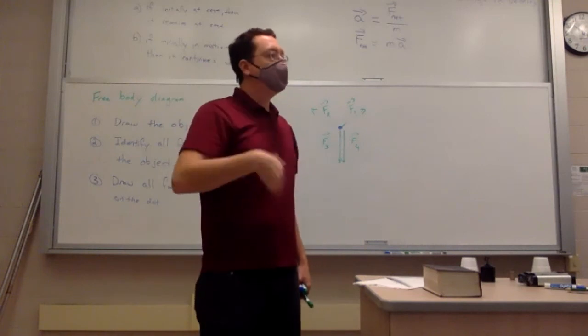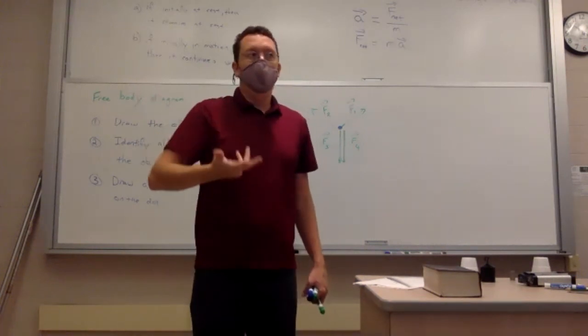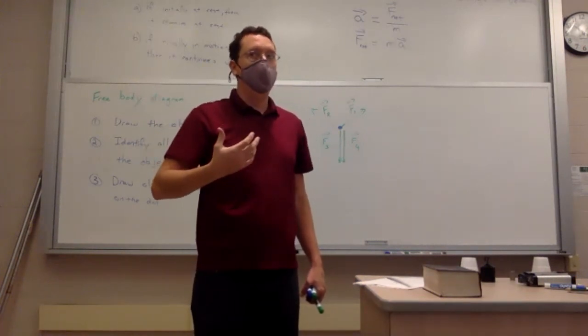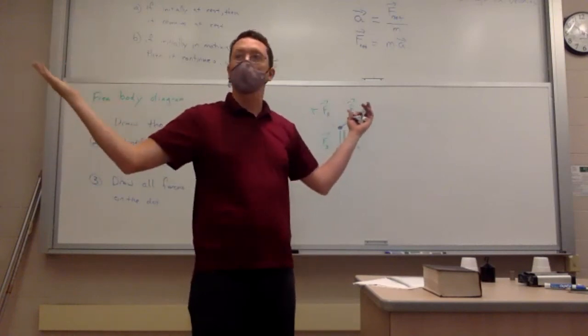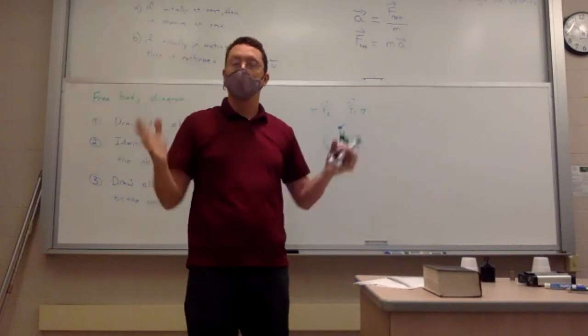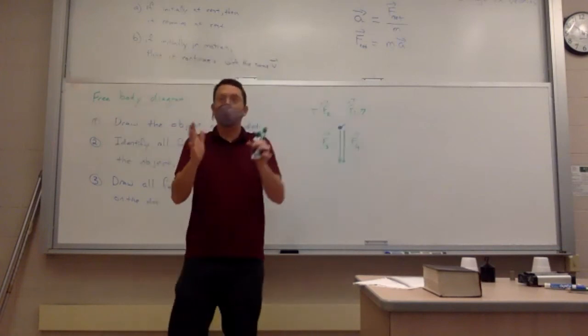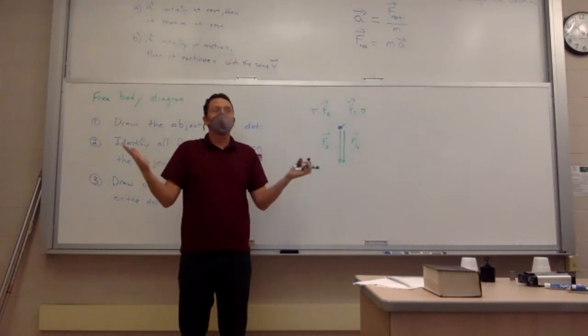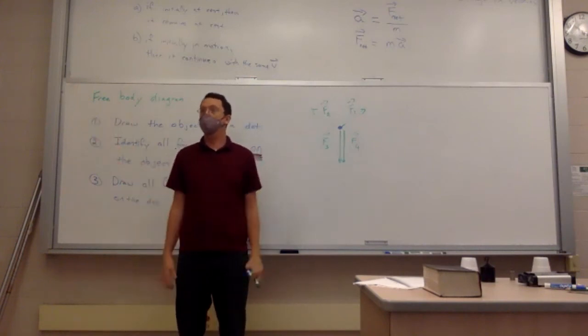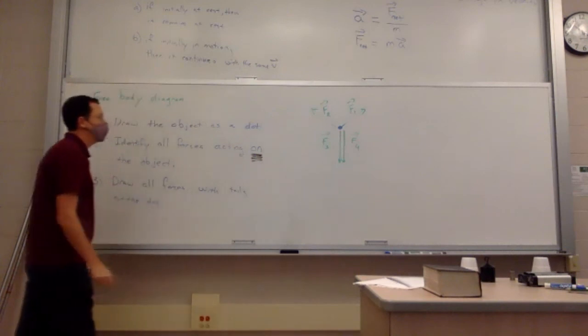Why? If you start doubling up arrows, inevitably you drop one in the middle of the problem, and then it's all wrong from that point on. The whole point of this is to do good bookkeeping. So draw the diagram so that you can do good bookkeeping. It's just a bookkeeping device.